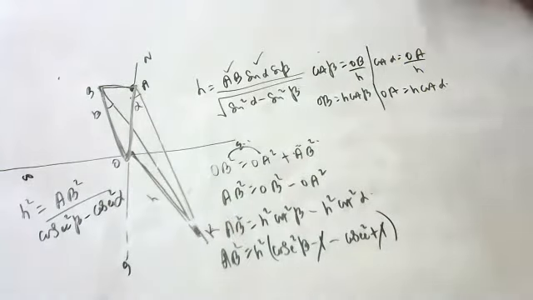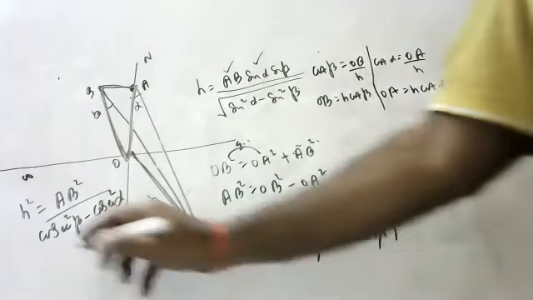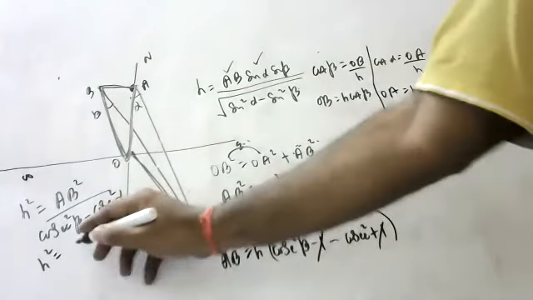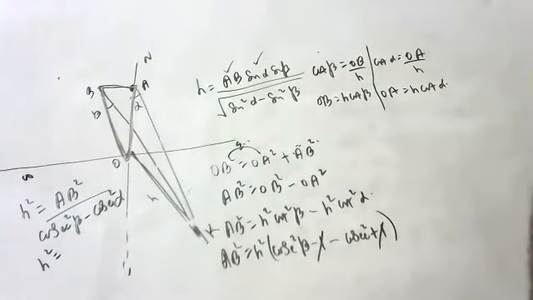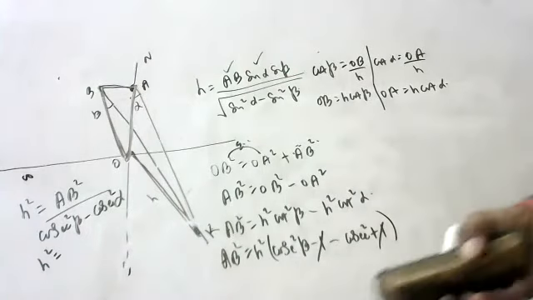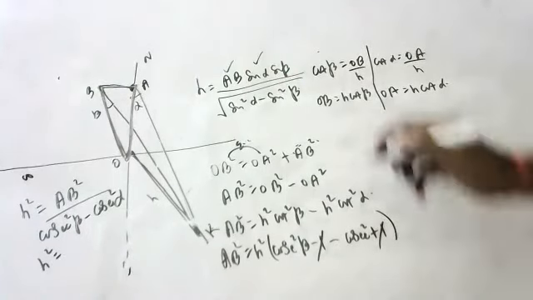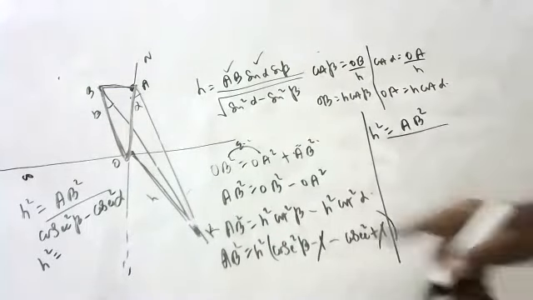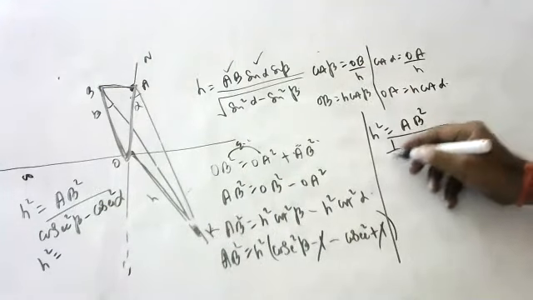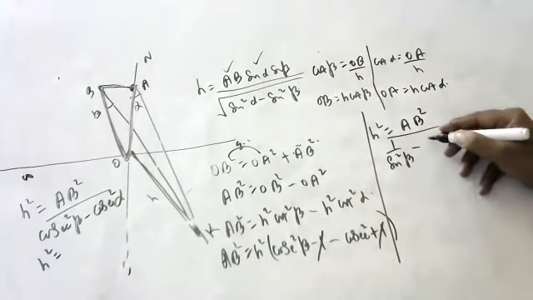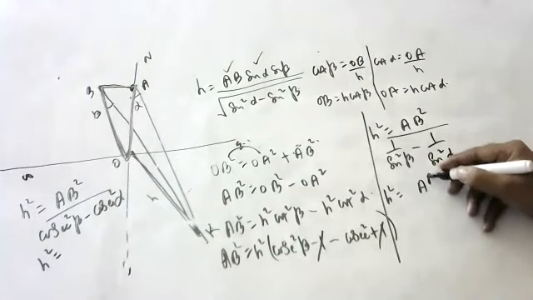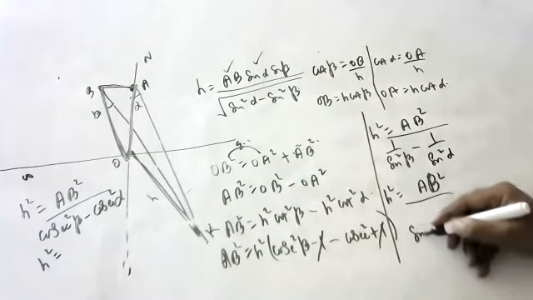But the answer should be in sine. Cosecant is 1 by sin. So H square is equal to AB square by, cosecant square beta is 1 by sin square beta, and cosecant square alpha is 1 by sin square alpha. Taking the LCM, sin square beta into sin square alpha, the numerator becomes sin square alpha minus sin square beta.